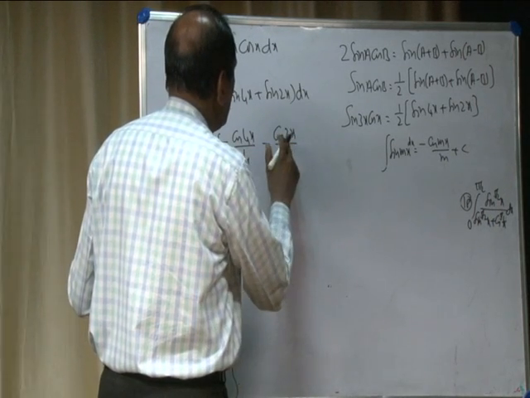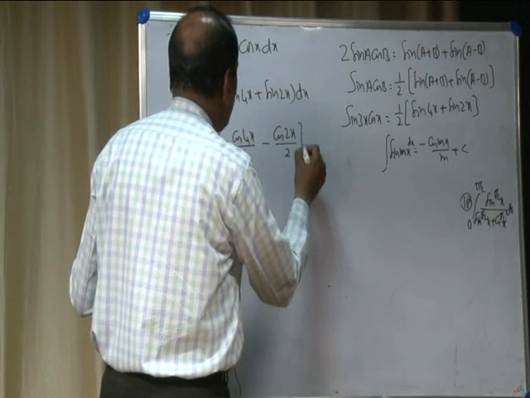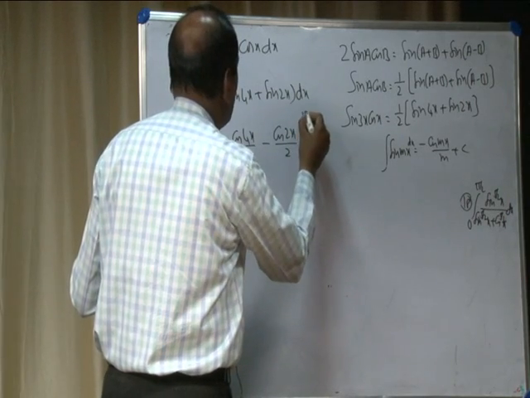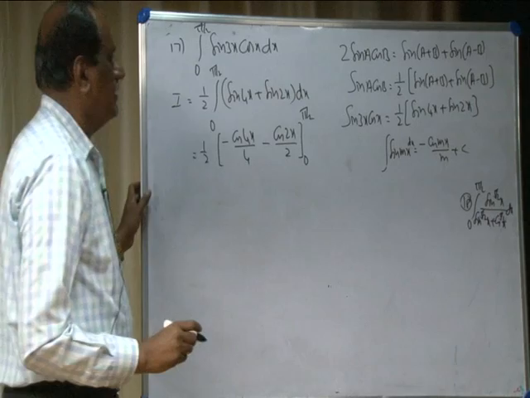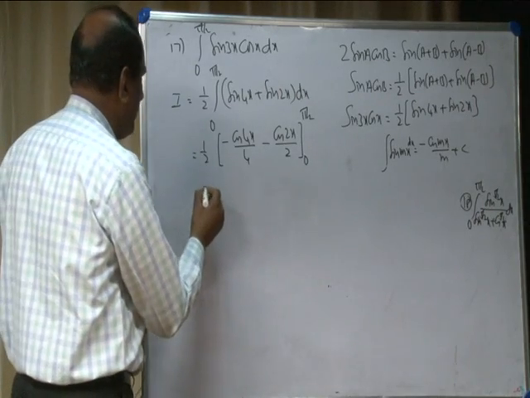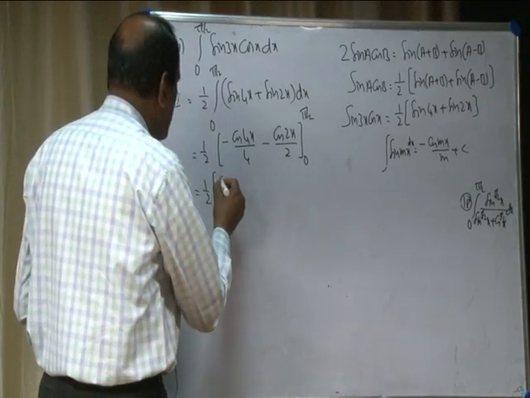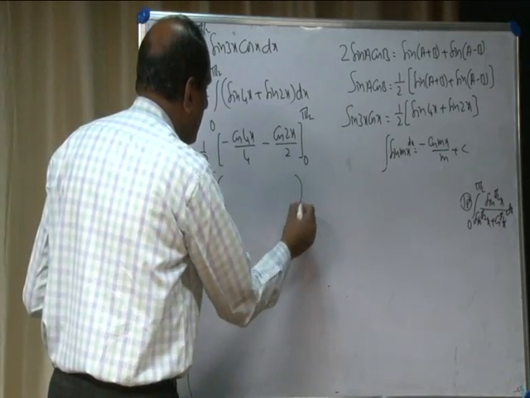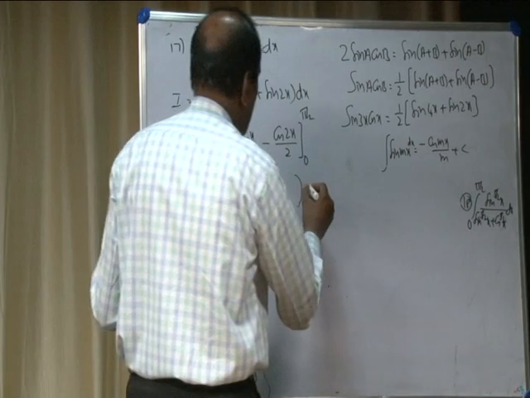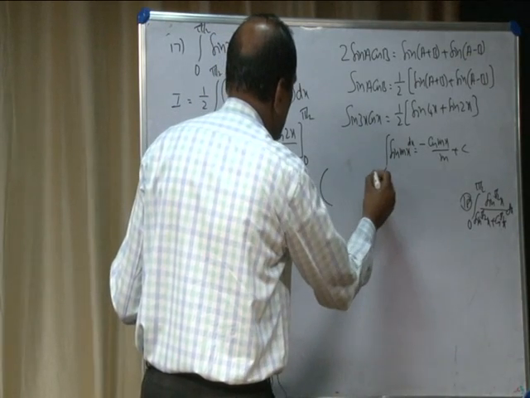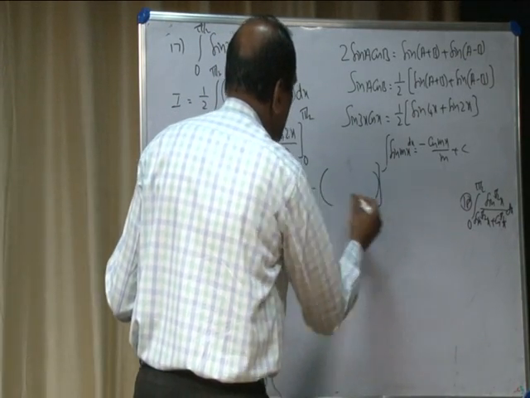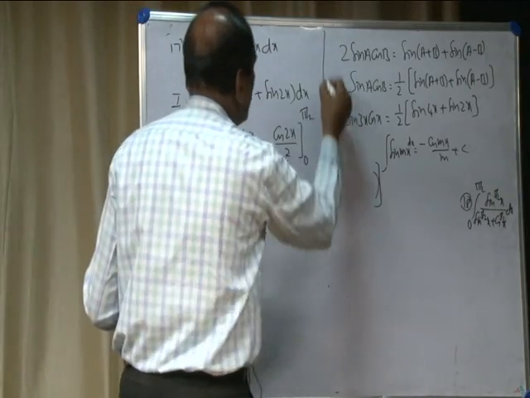Here m is 4, here m is 2, between the limits 0 and pi by 2. So, half into the big bracket: in the first small bracket apply the upper limit, and in the second small bracket apply the lower limit.